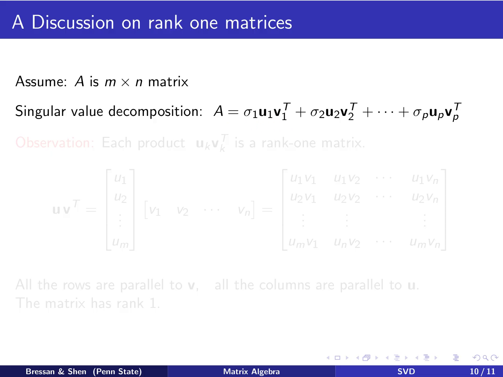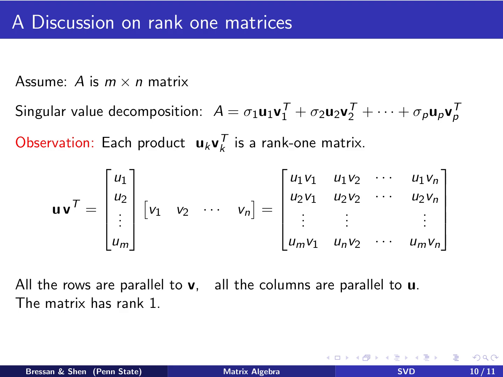We see that each matrix is the product of two vectors. This is a column vector and this is a row vector. So if you have an n by n matrix formed by the product of two vectors like this, then we know this matrix has rank 1.